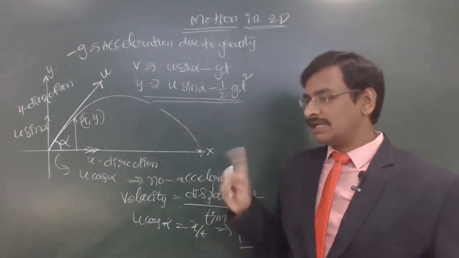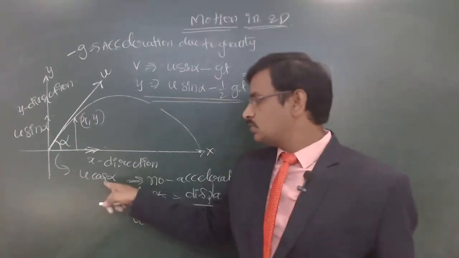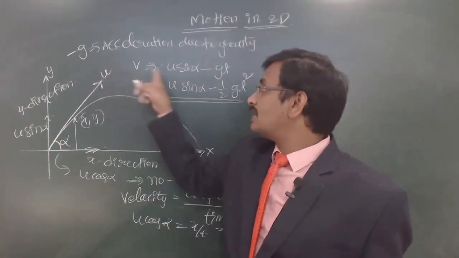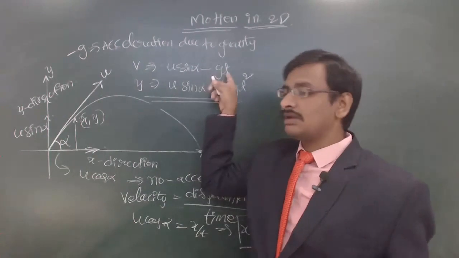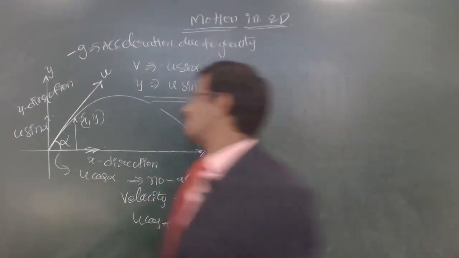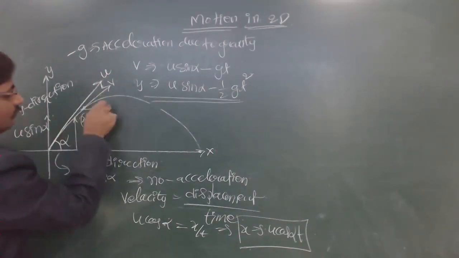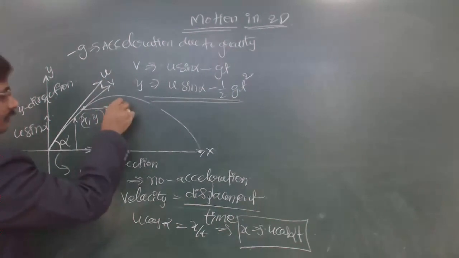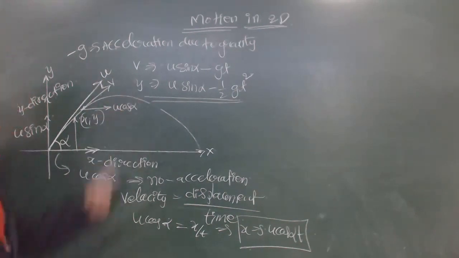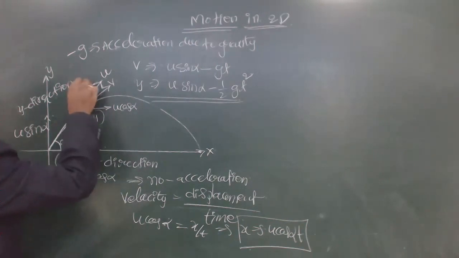And the velocity at any instant, if you notice, the horizontal component is u cos alpha, and the vertical velocity is going to change, u sin alpha minus gt. If I draw a tangent like this, this is the velocity direction, and there will be a horizontal component of the velocity given by u cos alpha, because no external force is changing this velocity, and the vertical velocity is nothing but this value.